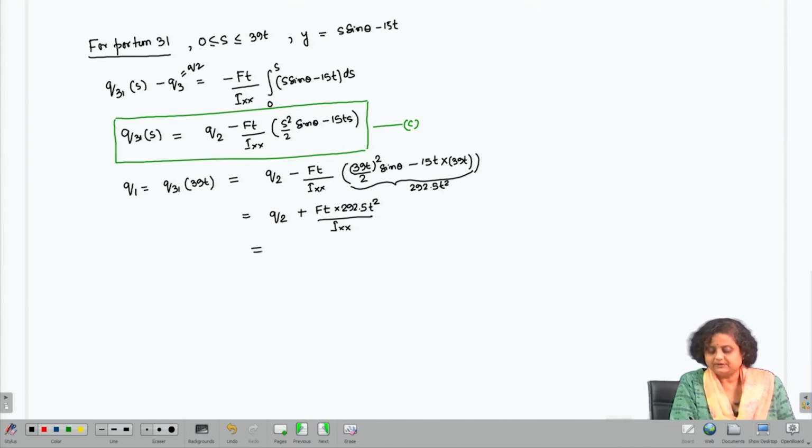Now, this further can be written as Q0 minus 292.5 Ft cube by Ixx, if we remember our previous expression, plus 292.5 Ft cube by Ixx.